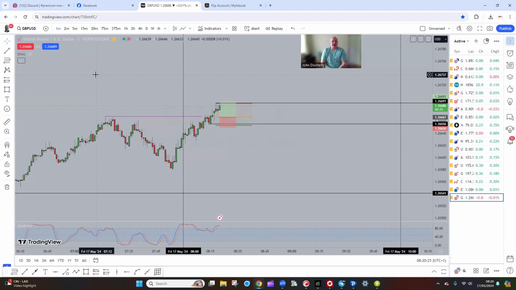Let's see if we get the touch into this. Will it break that structure high again? Probably going to break the structure high, to be fair. Staying confined within it, to be fair. And a new candle.